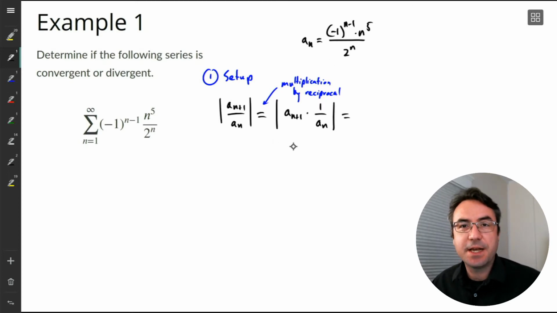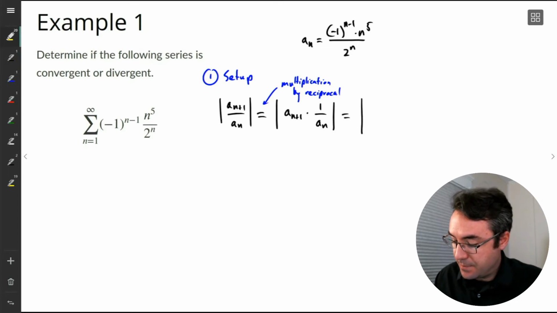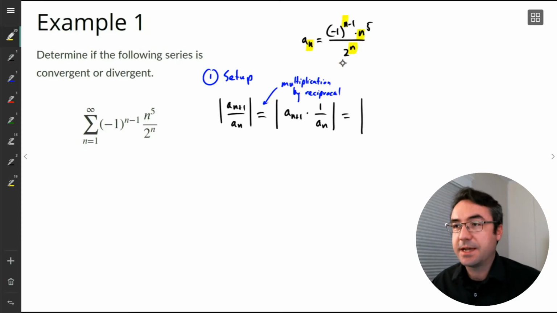So when we set this up, we want to essentially change each of these n's that we see to an n plus 1. So let's do that. Every n that we see here, when we're trying to write out the next term in our sequence, we're just going to change each of these n's to an n plus 1.